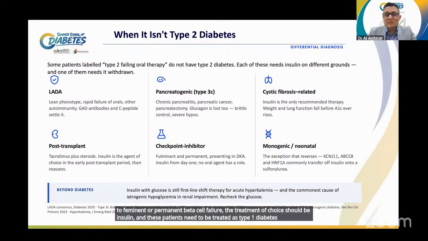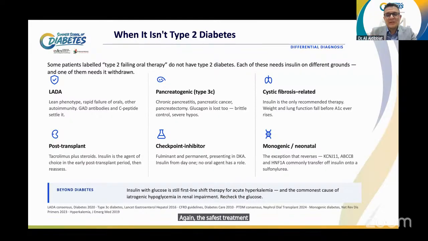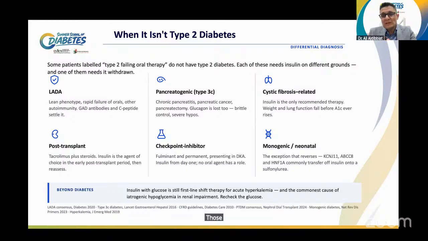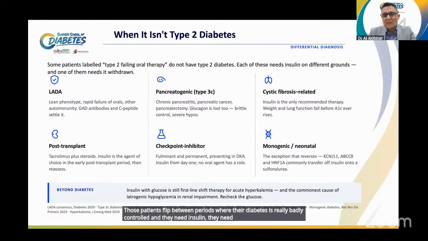Cystic fibrosis related diabetes is an interesting one. Again, the safest treatment is insulin, but those patients flip, if you've cared for cystic fibrosis related diabetes, between periods where their diabetes is really badly controlled and they need insulin, they need aggressive treatment, and periods where they don't need much treatment.